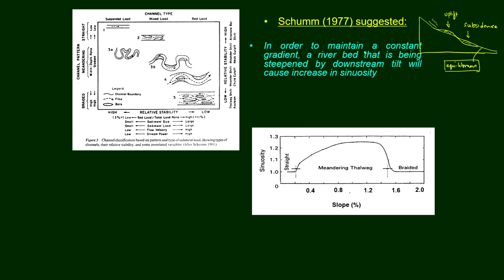So, in order to maintain the constant gradient, a river bed being steepened by the downstream tilt will cause increase in sinuosity. This basically says that if you are increasing the gradient, steepening the gradient means, suppose you have a profile coming like this, and then suddenly you see the fall over here. So, you are looking at the steepening of river gradient.